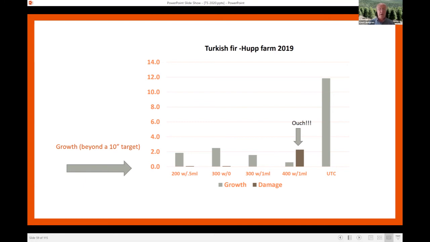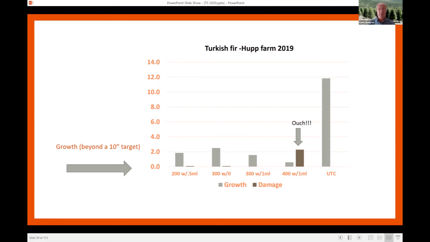So just to summarize this trial on Turkish fir, the untreated check, and these were trees that grew beyond our 10-inch target. So these trees' leaders were on average 22 inches long if we didn't do anything, but we could get them down to within 12 inches fairly consistently, but we could also cause a lot of damage if we use too much surfactant.